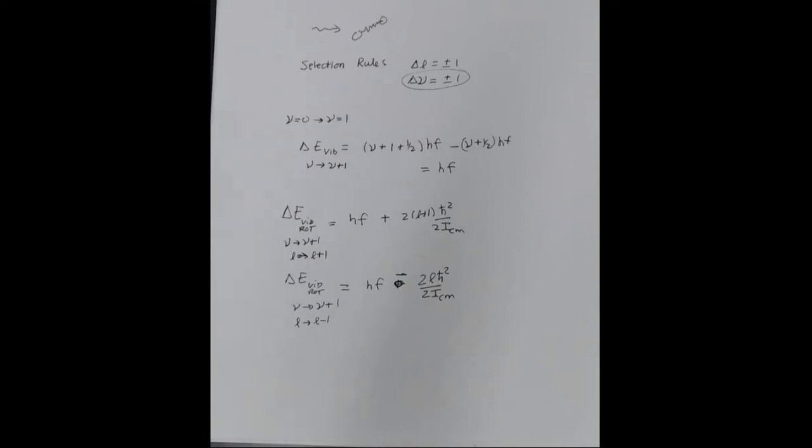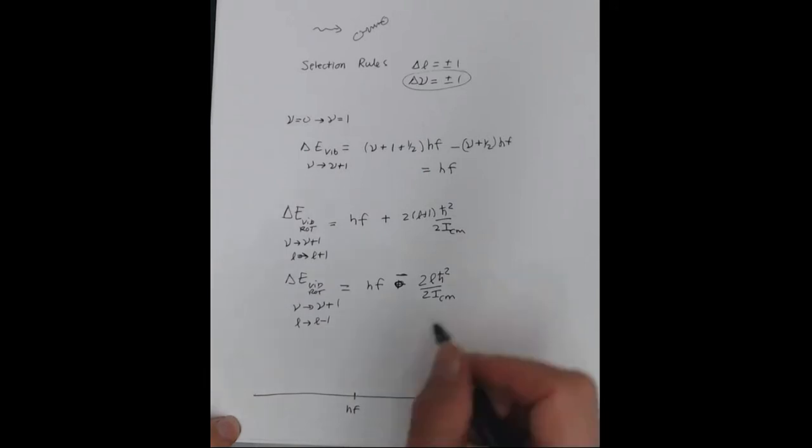So what do we expect to see? Let's say this is energy this way, and let's mark where hf is. When we get an absorption, the change in energy is hf plus the rotational part.